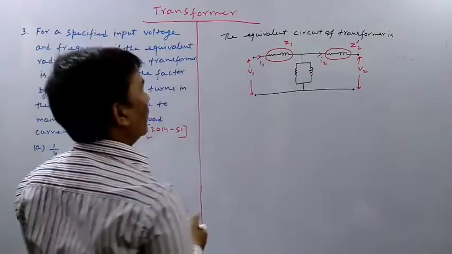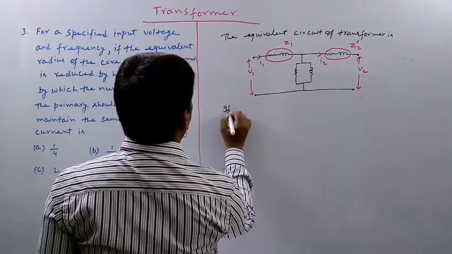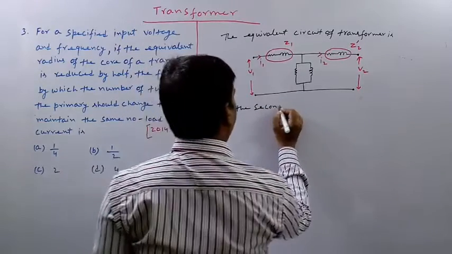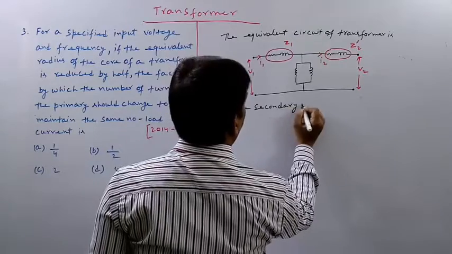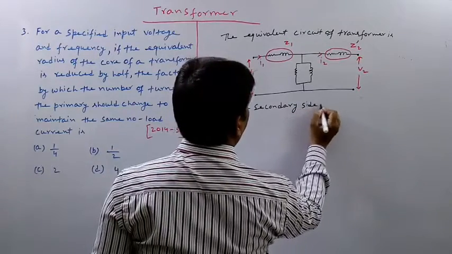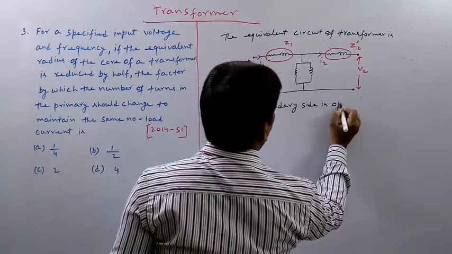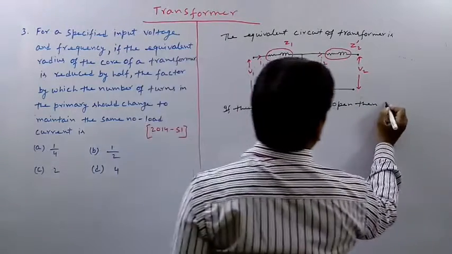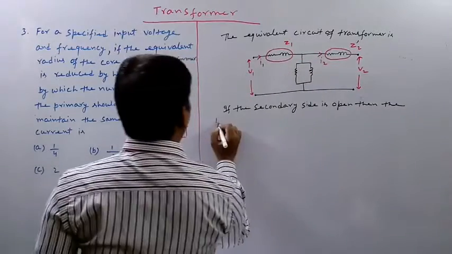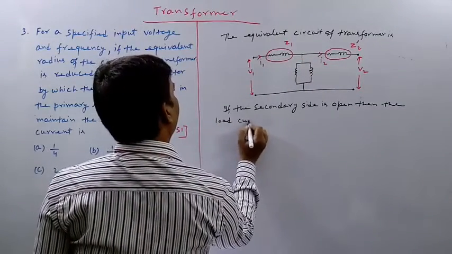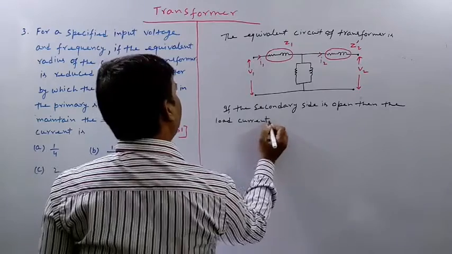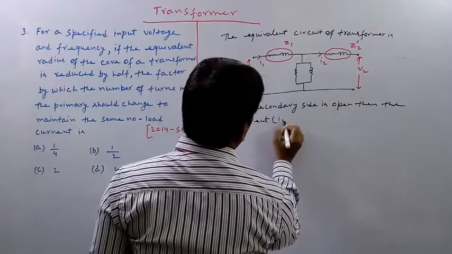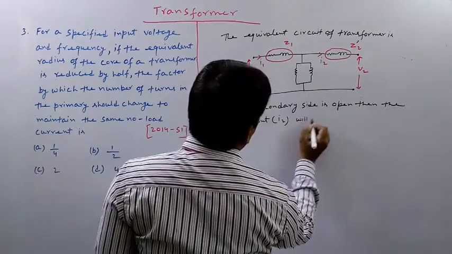If the secondary side is open, then the load current will be 0. The load current here is nothing but this load current I2. That is, I2 will be 0.